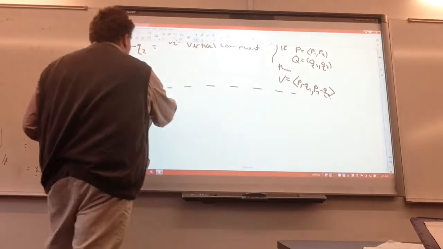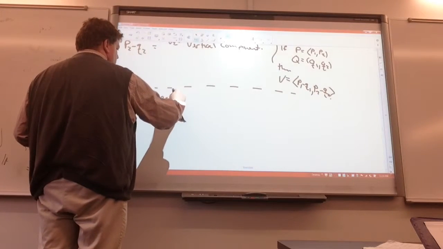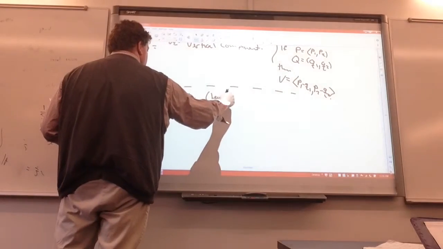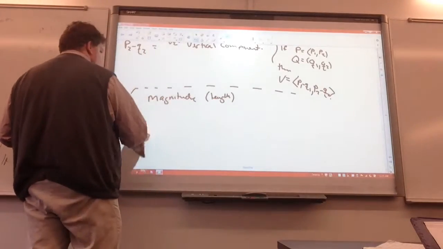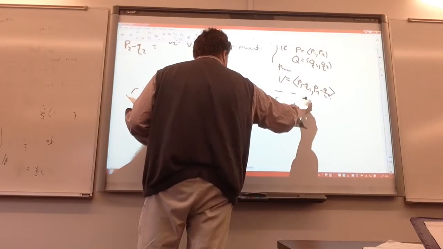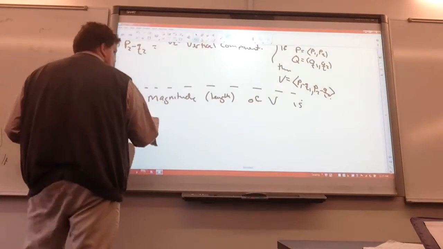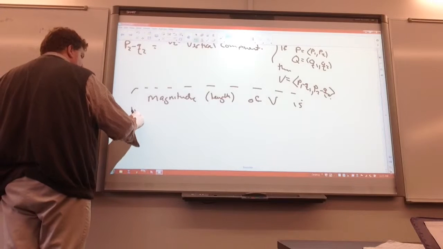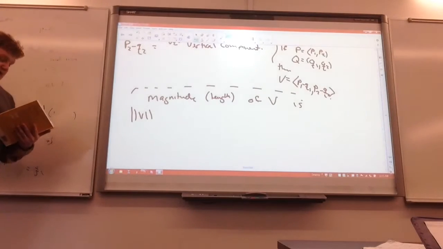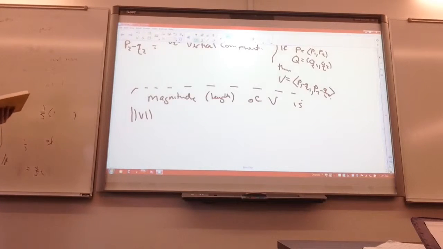The magnitude, which is the length of a vector, is written as what looks like a double absolute value of V. It just stands for magnitude. It's just the notation for vectors.